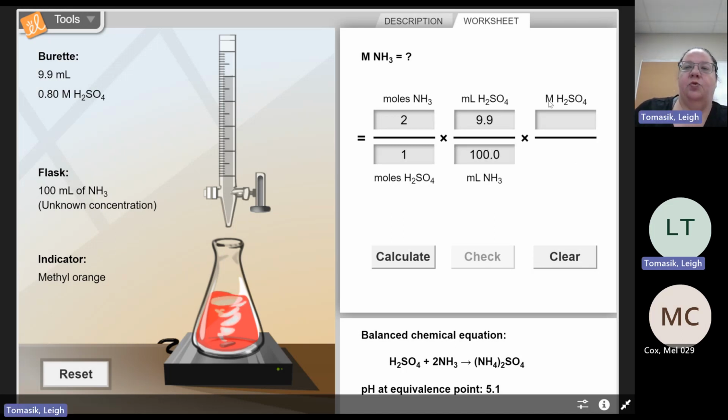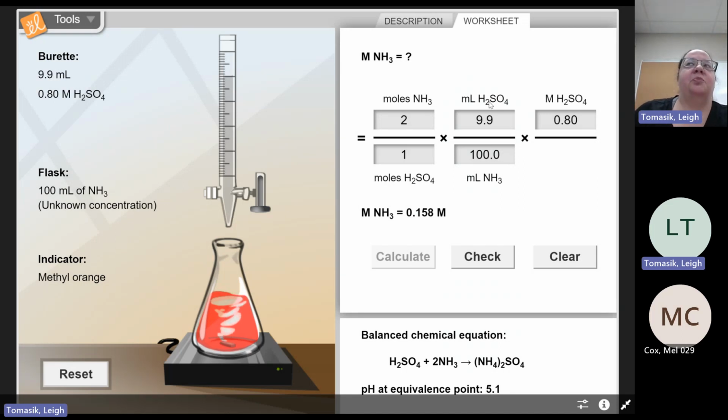And then it says the moles per liter of H2SO4. You can see it's 0.80 molar. So all you have to do, you don't have to think too hard because this has arranged everything for you. All you have to do is use the calculator and you should come up with the correct concentration.